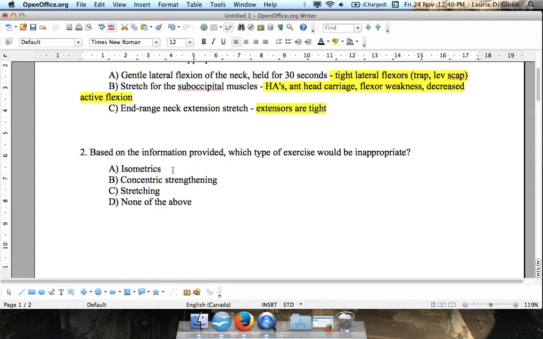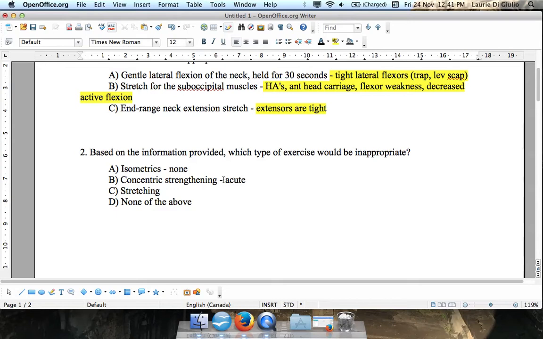And so this question, you can probably guess, is asking you to look for what stage of healing the person is in. So if we list out what stage of healing are isometrics inappropriate for, none. So every stage of healing, you can do isometrics. What stage of healing is concentric strengthening inappropriate for?